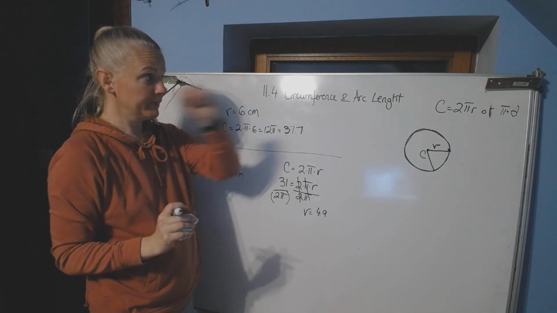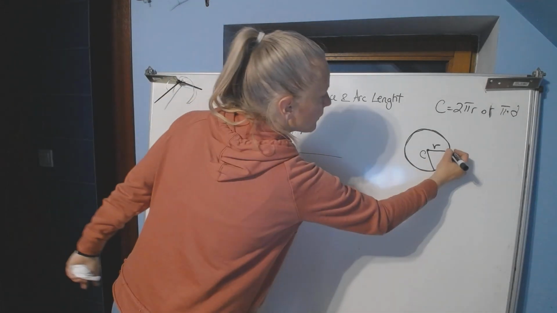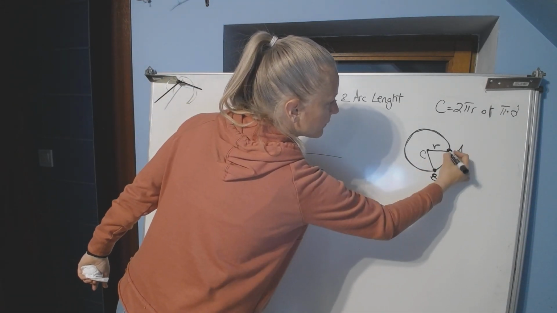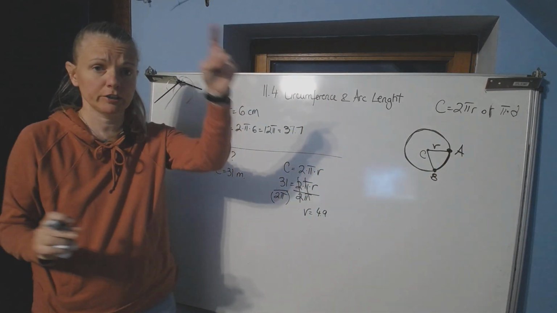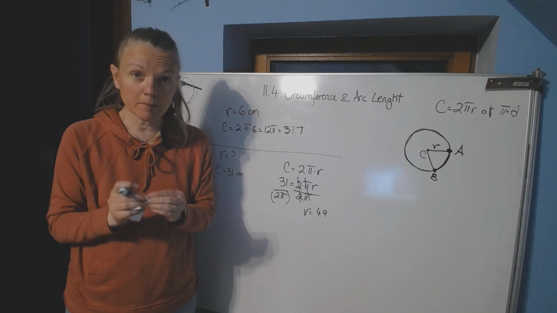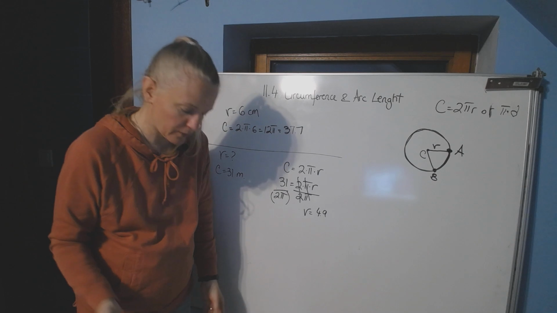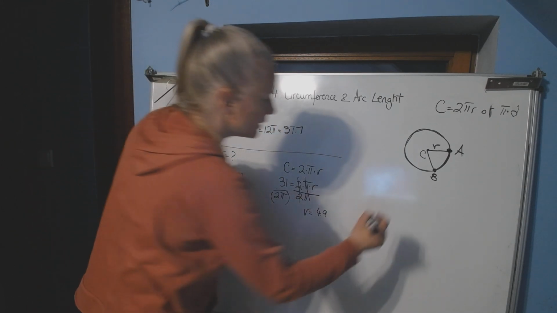We are now moving to a new concept, arc length, which means literally if I am on point A and I want to get to point B, how many feet, how many miles, how many yards am I going to have to walk? So it's a physical measurement that deals with measurement units and not with degrees. And the formula for an arc is always going to be this.